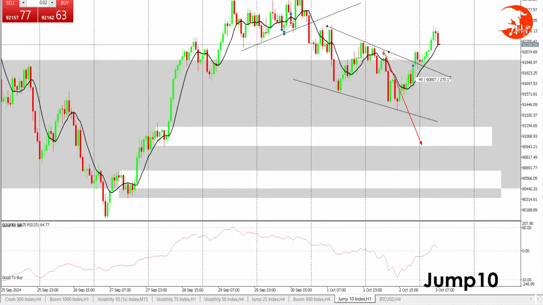No, it remains like that. So that was a breakout on the falling wedge. Now that becomes clear, this is no longer needed.